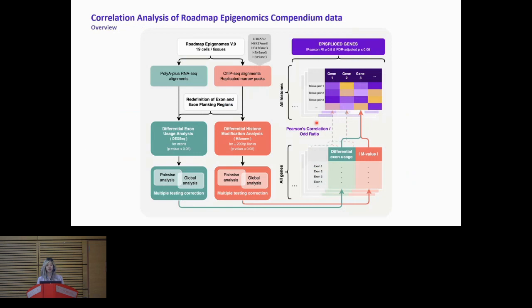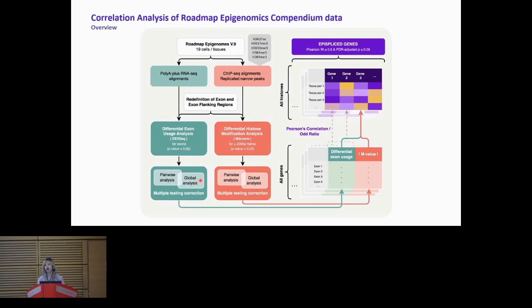Specifically, we use two different types of data: RNA-seq for the differential exon usage analysis, DEU again, and ChIP-seq data for differential histone modification, DHM. For that analysis, we performed it for 5 different histone marks. For both differential analyses, we perform pairwise comparisons, meaning we compare the 19 cells and tissues all together in a pairwise manner.